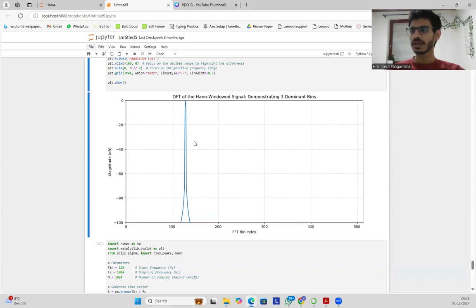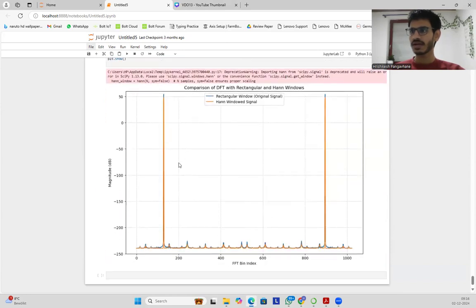So we have three peaks, and when we compare it with our rectangular window, this is in dB, right?